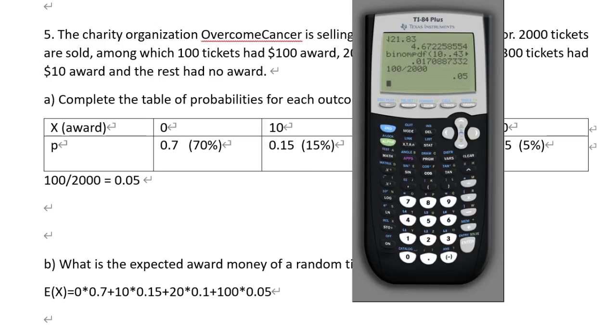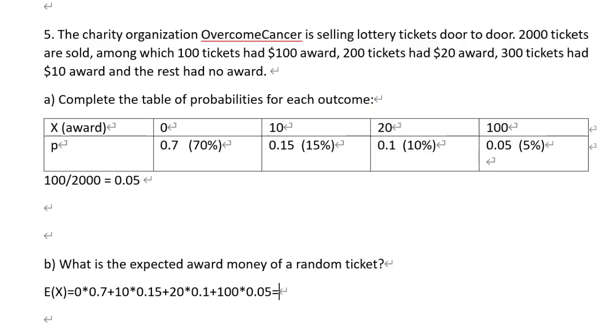Let's use your calculator. The first one is 0, so I'm not going to do that. 10 times 0.15 would be 1.5, plus 20 times 0.1 would be 2, plus 100 times 0.05 would be 5. So adding them, it will give you 8.5.